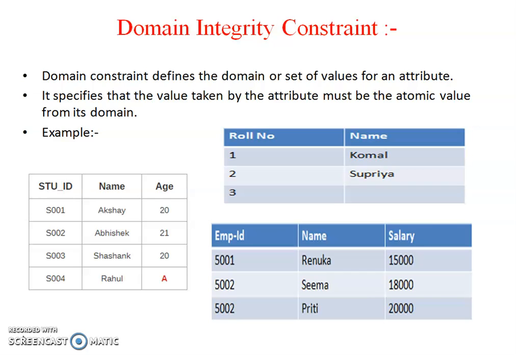The column for which a domain constraint has been set accepts the same type of data based on its data type, and the column does not accept a value of any other data type. See in this first example, the value A is not allowed since only integer values can be taken by the age attribute.